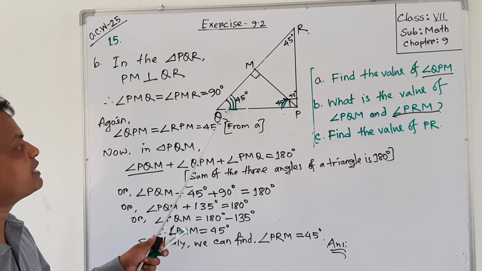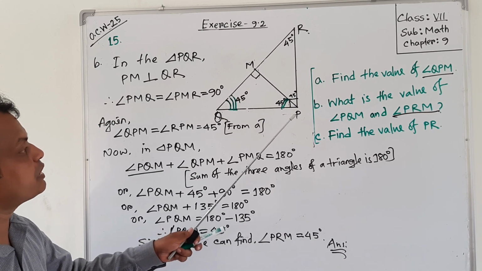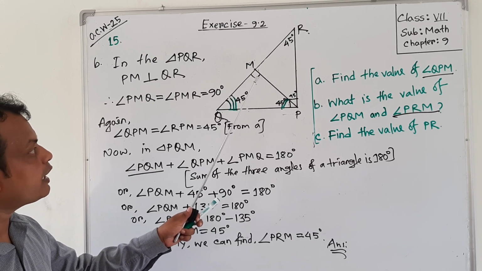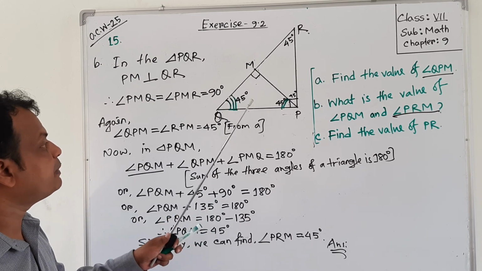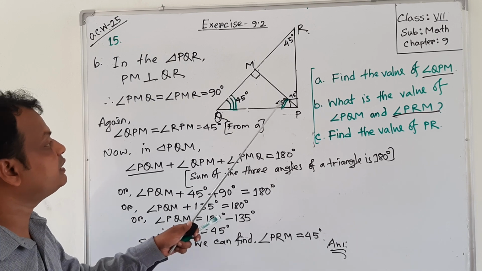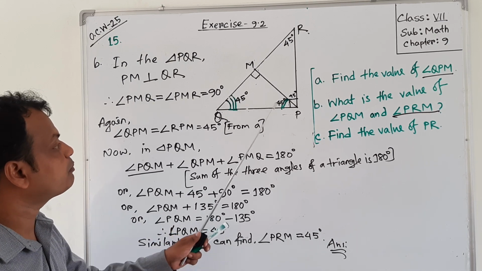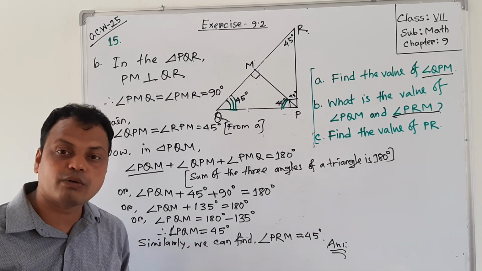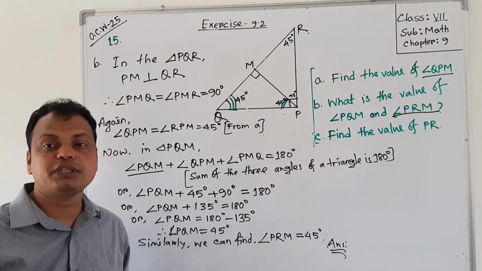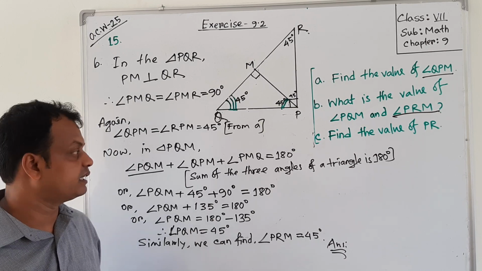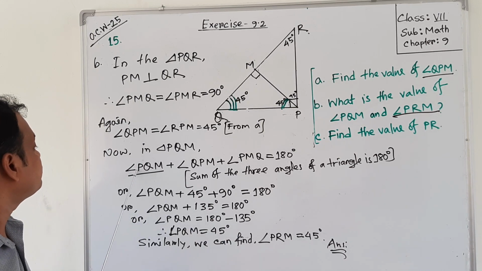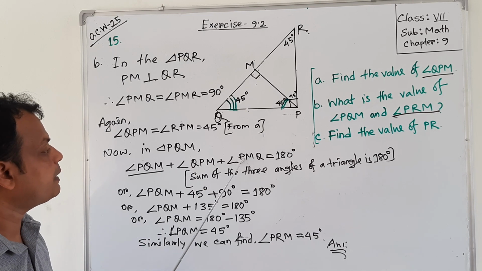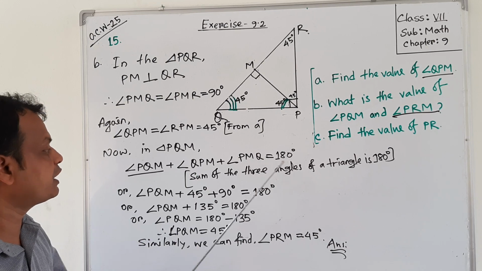Now we'll find the value of this angle. This angle belongs to triangle PQM. In triangle PQM, the sum of the three angles will be 180 degrees, since we know the sum of three angles of a triangle is 180 degrees. So we have written angle PQM plus angle QPM plus angle PMQ equals 180 degrees.